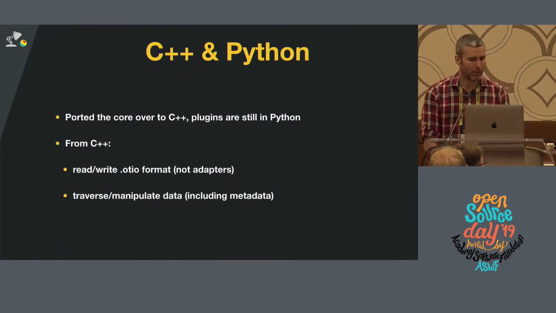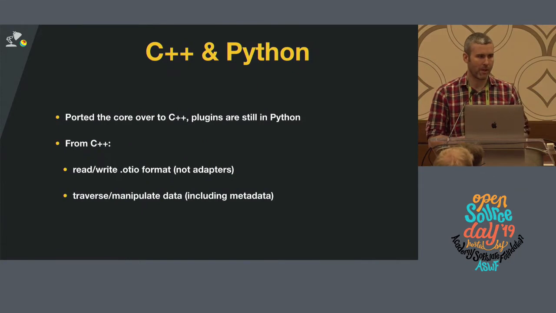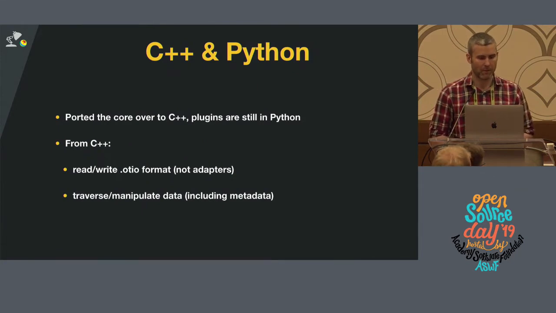So also, the part that we ported was not the Python plugins. We actually left those in Python. From C++, you can read and write the .otio format, and you can still traverse and manipulate all the data. But if you want to use the adapters, you're going to need to do another trick, which I'll talk about in a second.